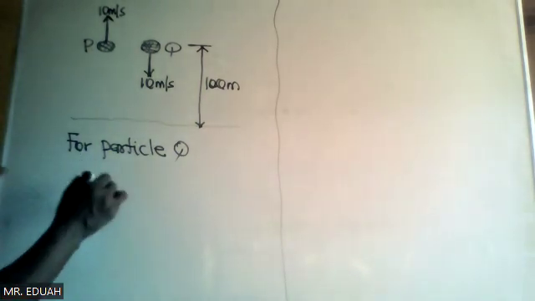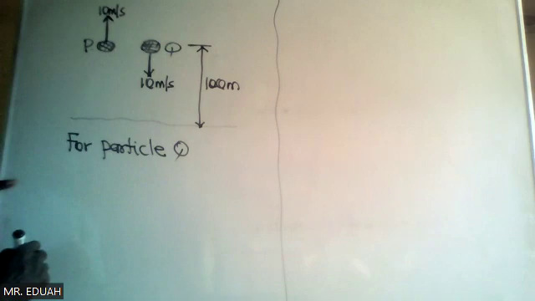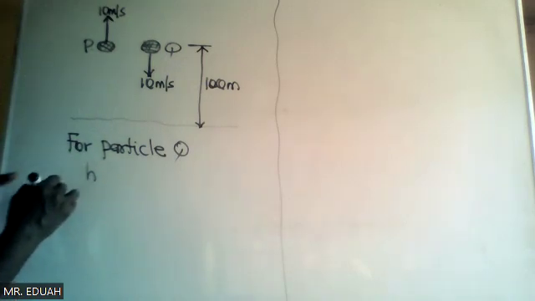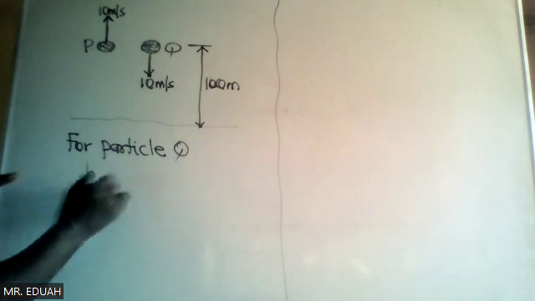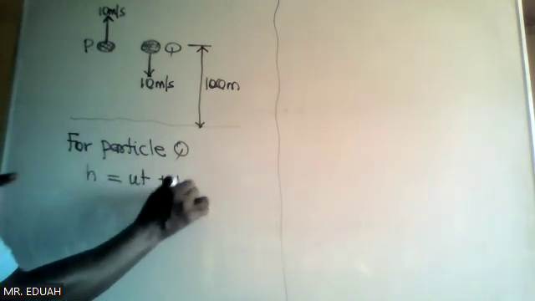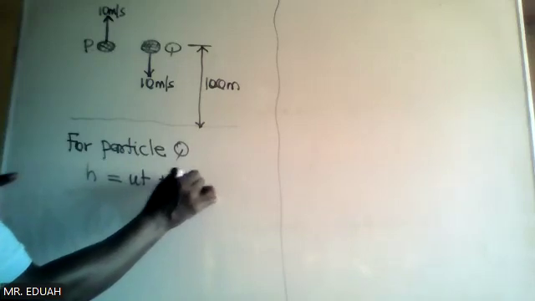We are given the initial speed. We have the height. So H is equal to UT plus half GT squared.